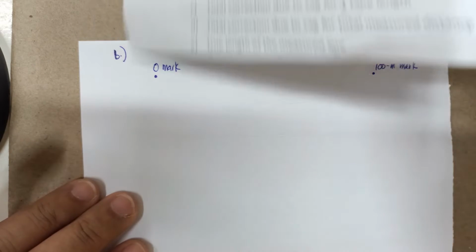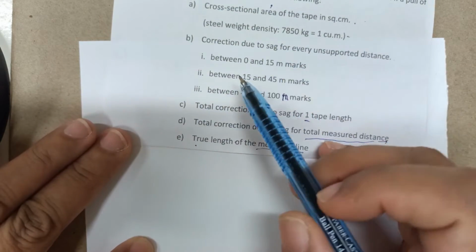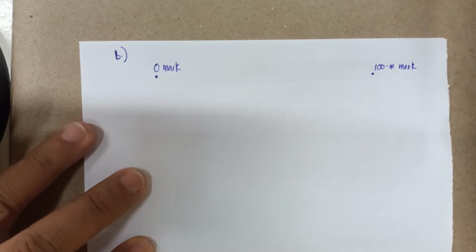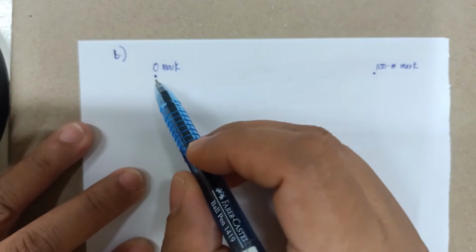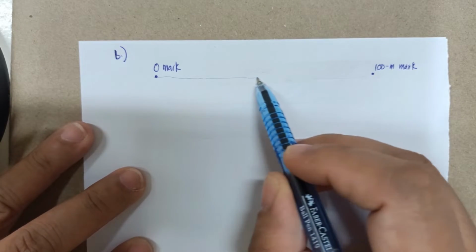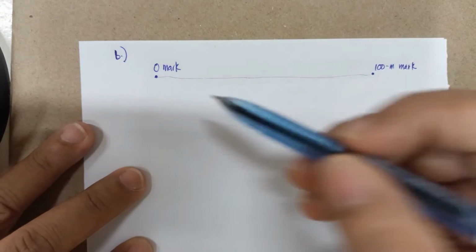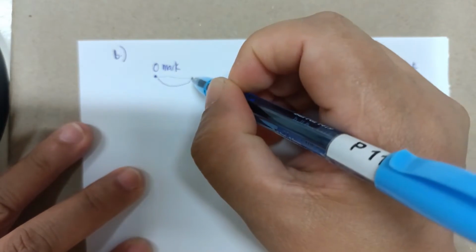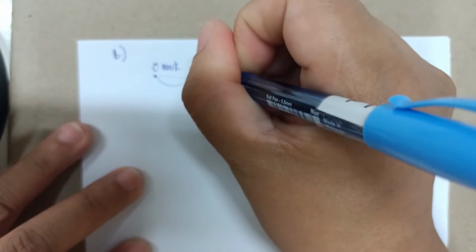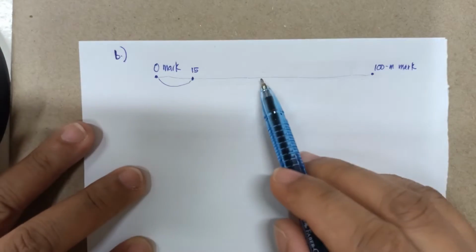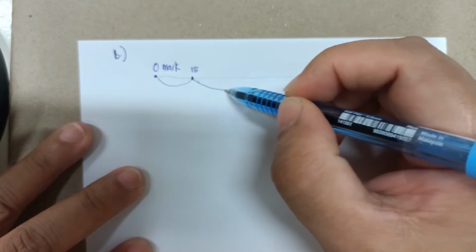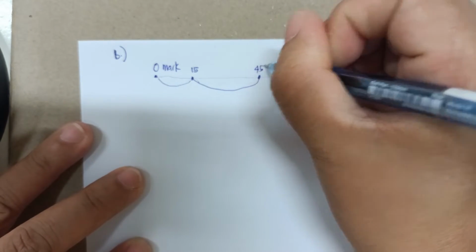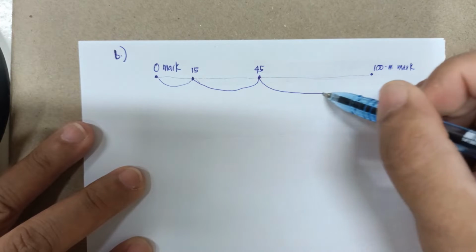Based on the problem, it is being held or supported at 15 and 45. So let me draw first. It is being held at the 15-meter mark, then at 45, and then of course at its ends.